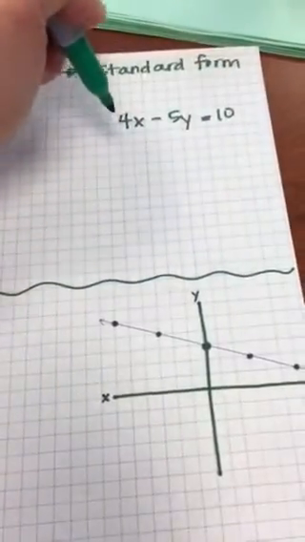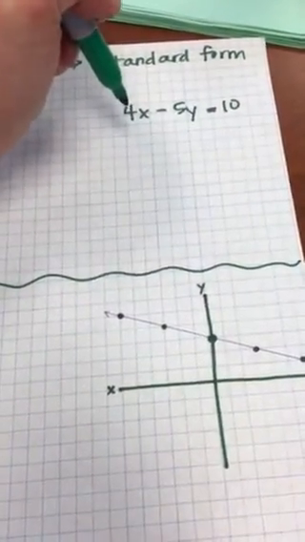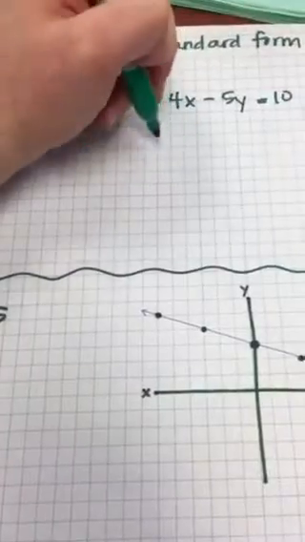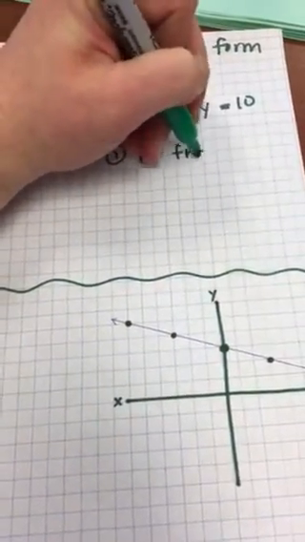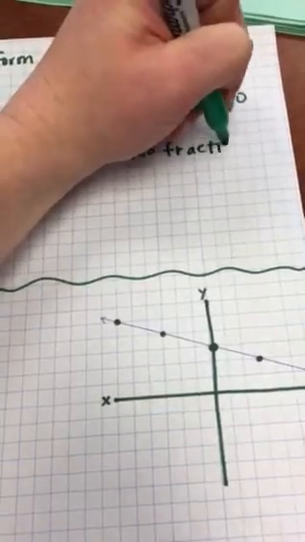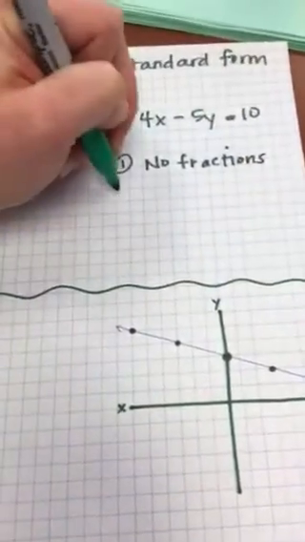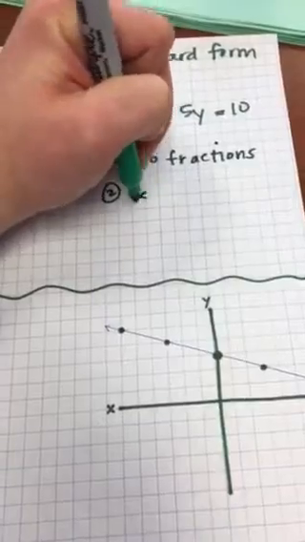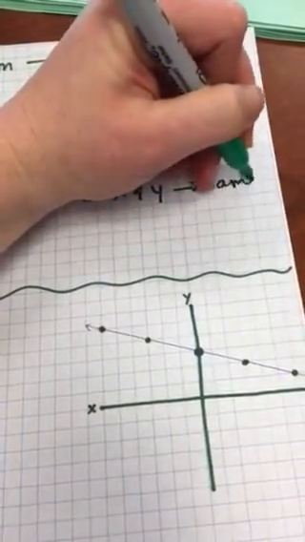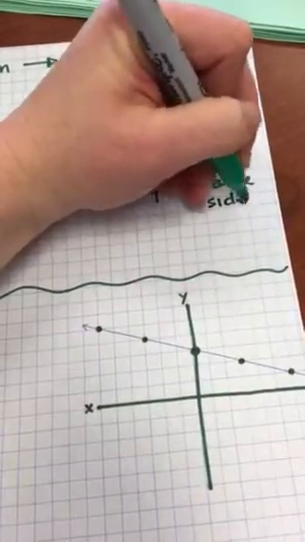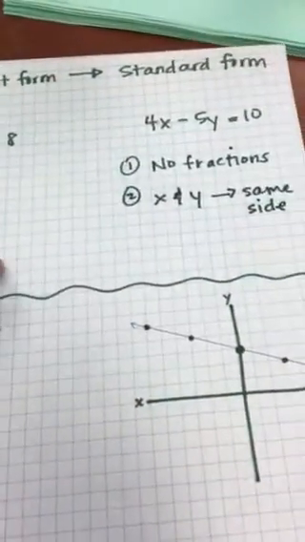If you notice over here, there aren't any fractions in standard form. The second thing is that x and y need to be on the same side. So just remember those two things. That's what you need in order to go to standard form.